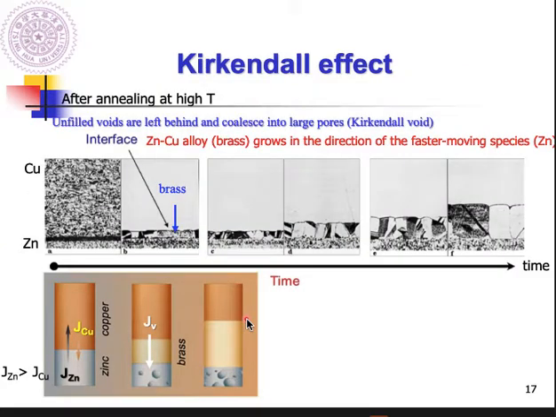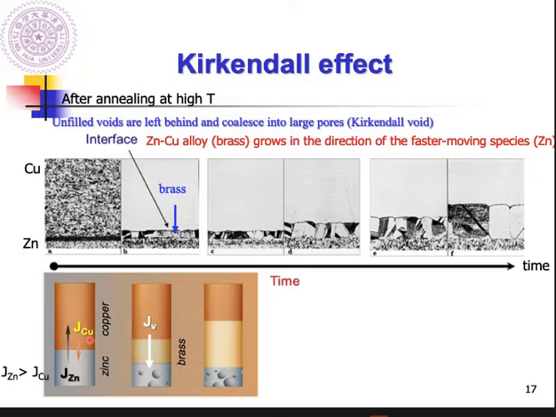Okay. So next, I'm going to show you some experimental results. Some scientists observed the Kirkendall effect. So let's take a look at this simple schematic. In this case, we have a zinc copper diffusion couple, and as you know, the flux of zinc is larger than the flux of copper.